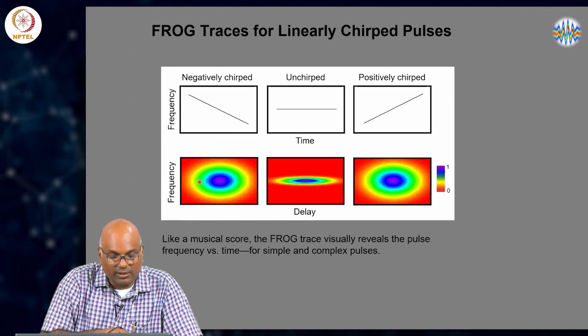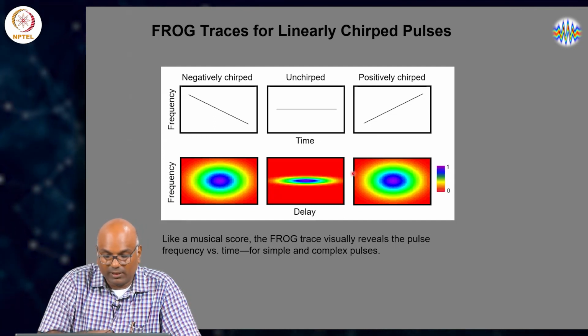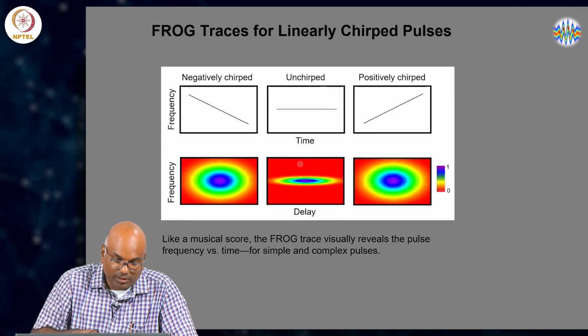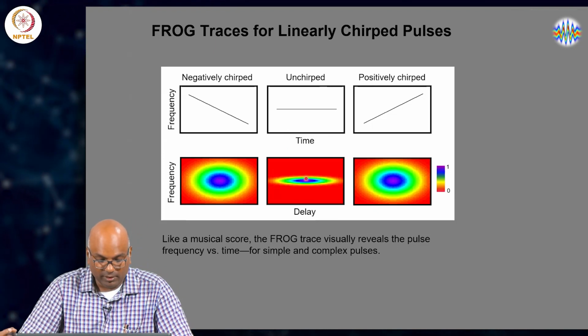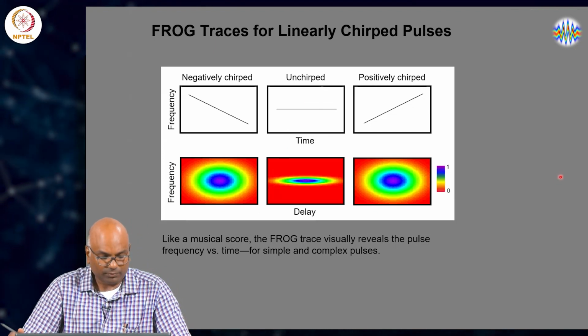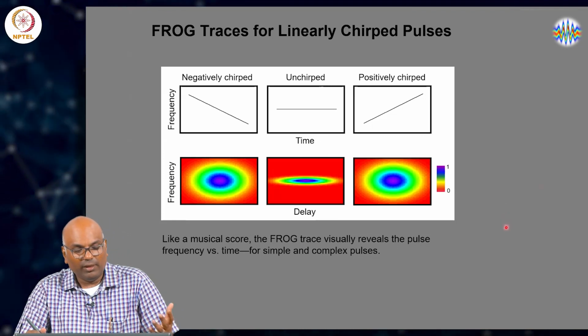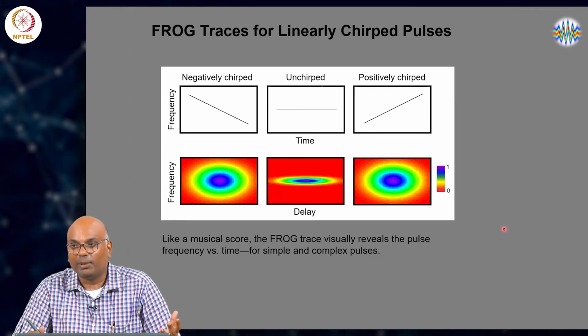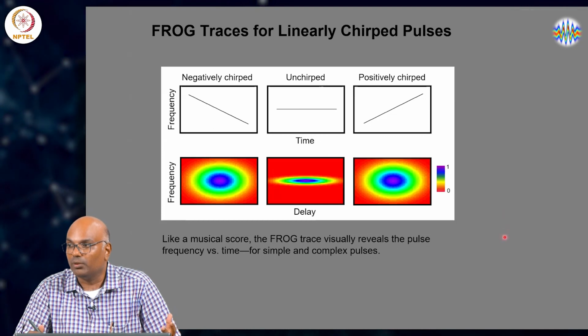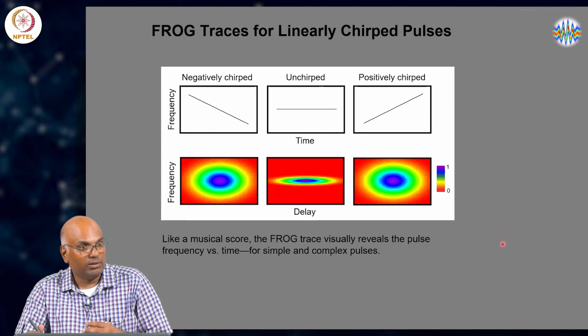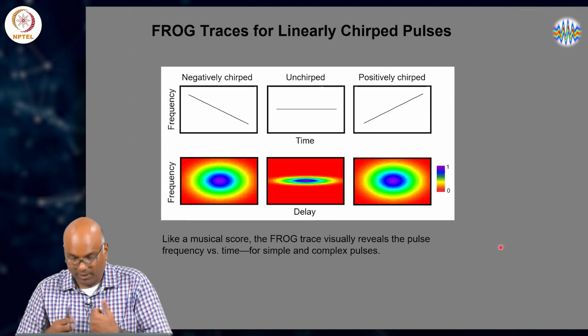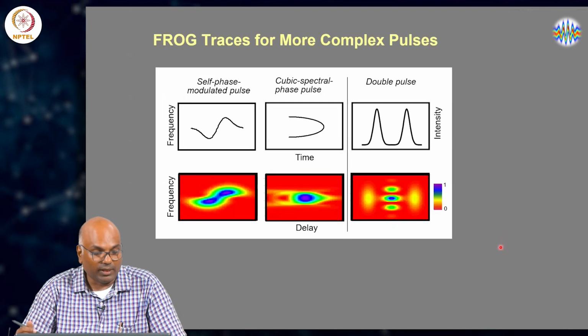The FROG trace of a negatively chirped pulse, a positively chirped pulse and an unchirped pulse look like this. In all these cases the envelope of the pulse is close to Gaussian, and it is a very well behaved pulse. So, these FROG traces also say the same. We will look at FROG traces of other kinds of pulses.